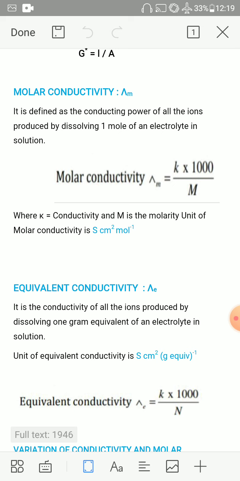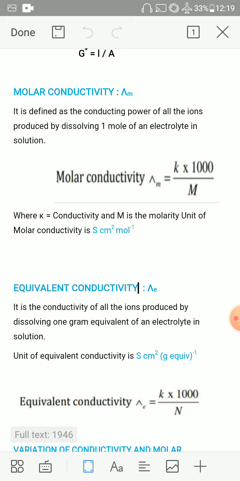So how to calculate molar conductivity? You have to use the formula lambda m is equal to kappa into 1000 by m, where kappa is the conductivity and m is the molarity of the solution, that is the concentration of the solution. You can also write lambda m is equal to kappa into 1000 by c, where c is the molar concentration of the solution.